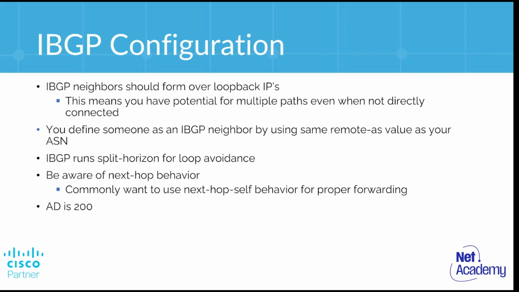And same thing in BGP. And then in IBGP, I like to form my IBGP connections via that same loopback IP that I would use for the router ID, right? This way you have the potential for multiple paths even when you're not directly connected. That means if there's some kind of interruption in the network, you're not going to lose an IBGP peer. You'll just route around the outage, hopefully, right?